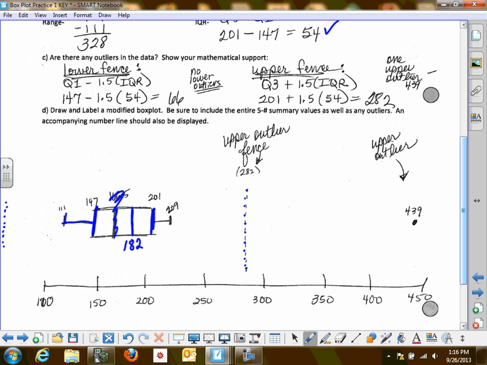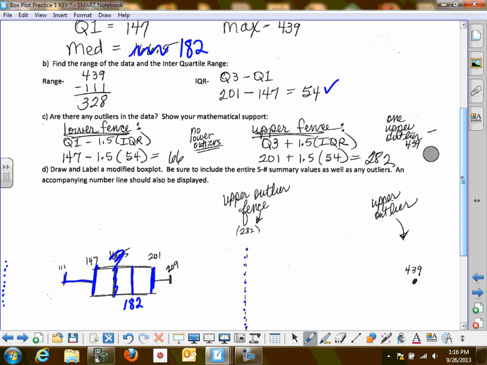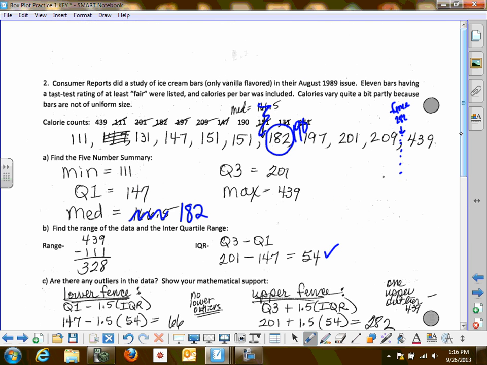Okay. Now, let's talk upper fence, because there is an outlier, so let's make sure we address the details of it correctly. The upper fence, which is 1.5 IQRs above Q3, is at 282. So, FYI, in my data, there's my data, the fence is located here.